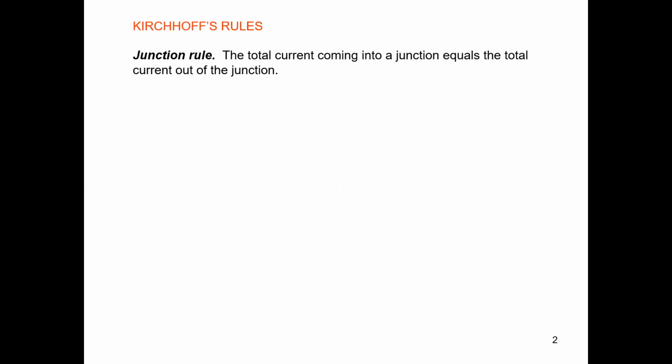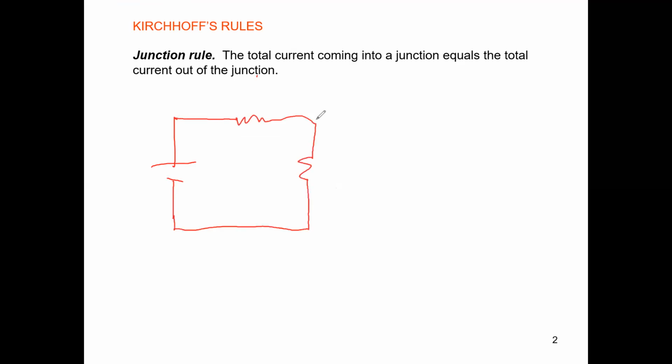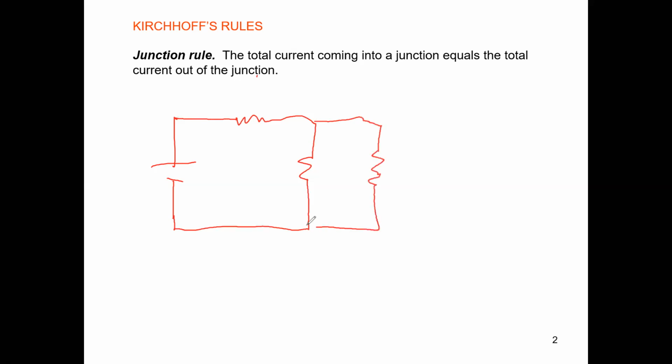All right, so here's the junction rule. Again, this says that the total current that comes into a junction is equal to the total current going out of a junction. I'm just going to try to draw maybe a circuit here.